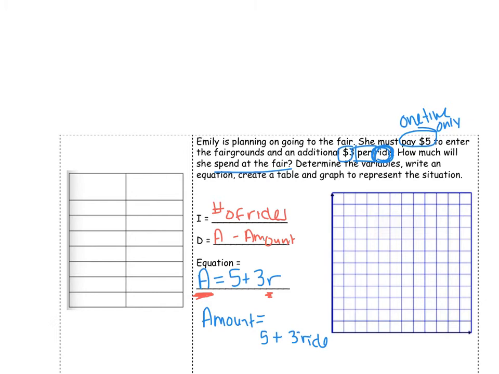So now we can make our table. My independent is always my first column, and it is number of rides. And my second column is always my dependent, and it is the amount.